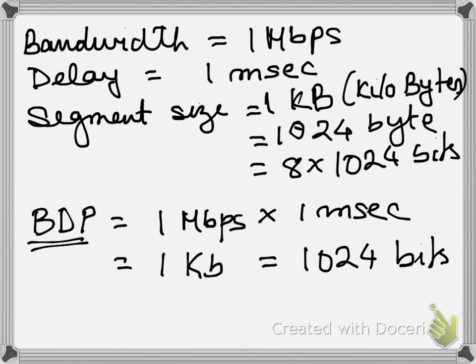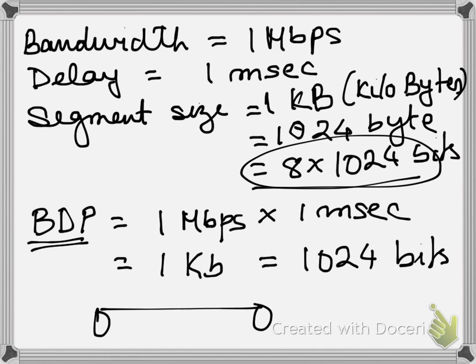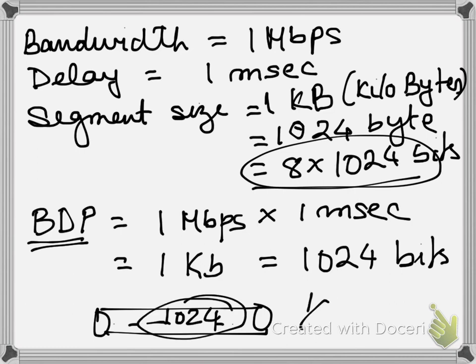That means the link can hold only 1024 bits at a time. In 1 millisecond it can hold 1024 bits. Now our segment size here is 8 times that. So that means my whole pipe would be filled with bits and it will not even be one segment. 1024 bits will make this pipe full, but this is only 1/8 of the segment.